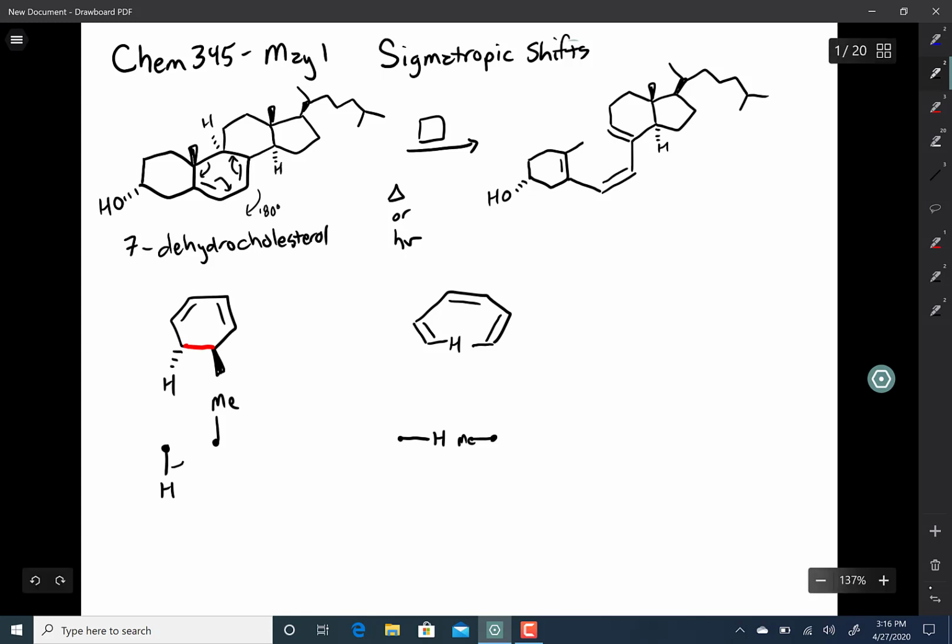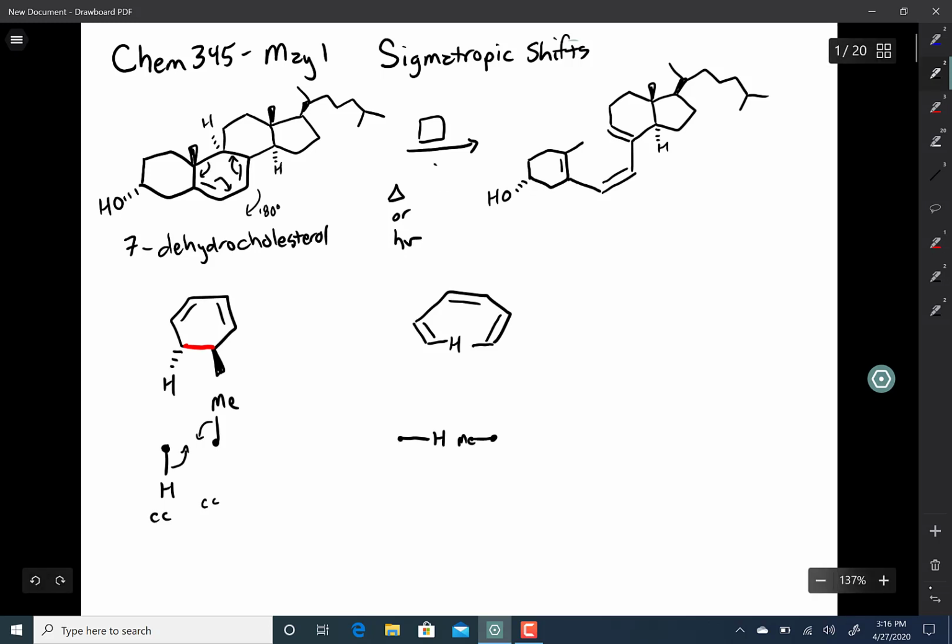And so this hydrogen was rotated counterclockwise. This methyl group was rotated counterclockwise. And so this was a disrotation. Excuse me, not disrotation.